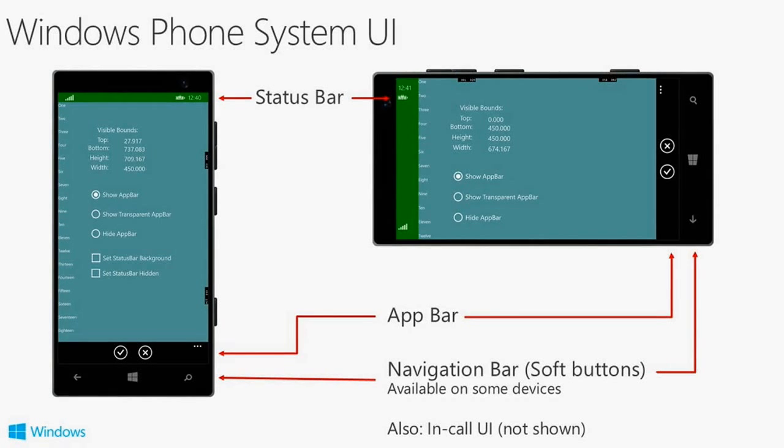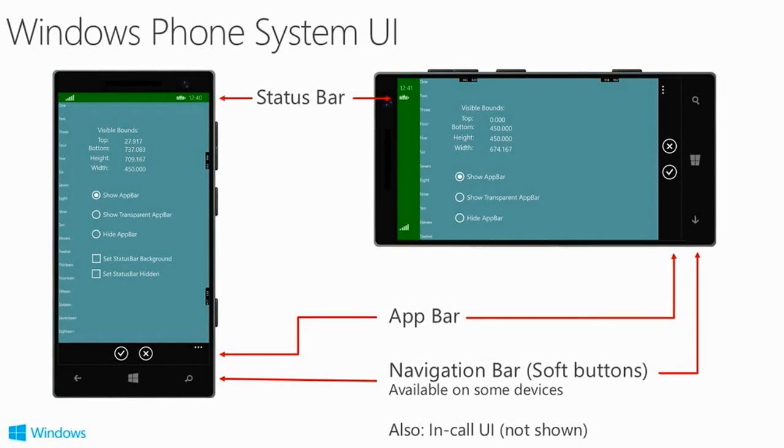You just get a big slab of glass in a nice shell, and then the actual navigation bar buttons, the soft buttons, the back button and the Windows button and the search button, are just rendered on the screen at the bottom there, and they're not going to be hardware buttons on these phones. So that's again system UI, shown on the screen.